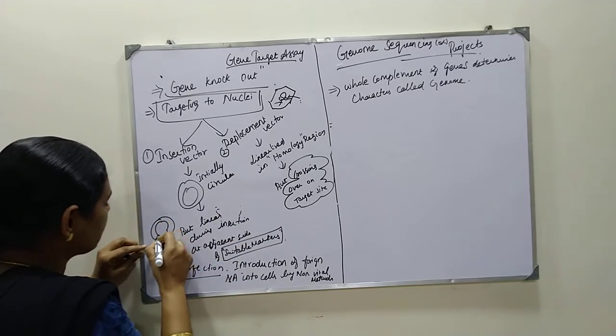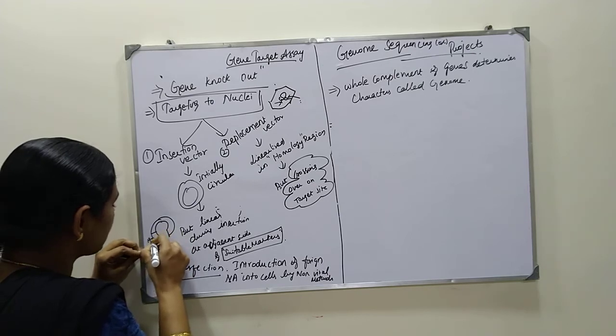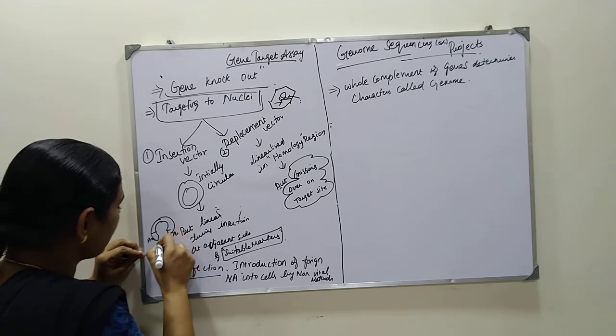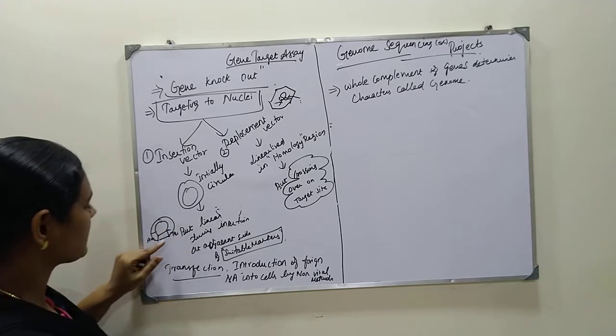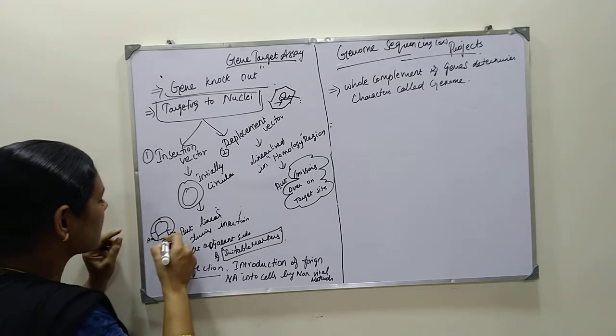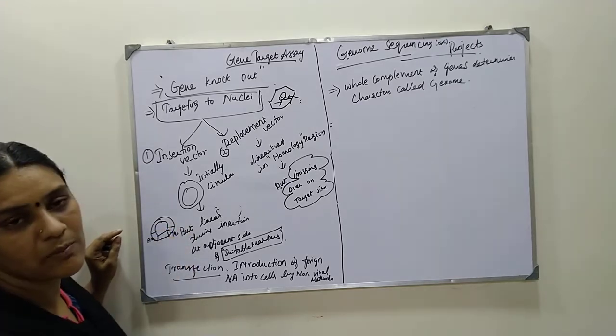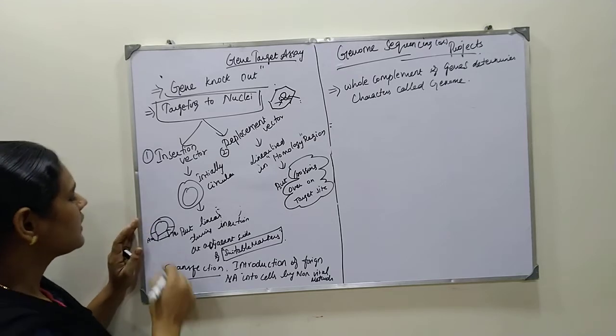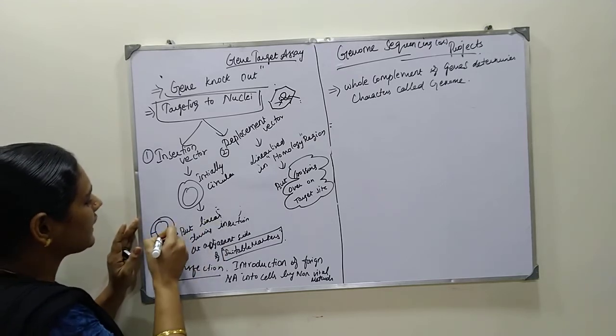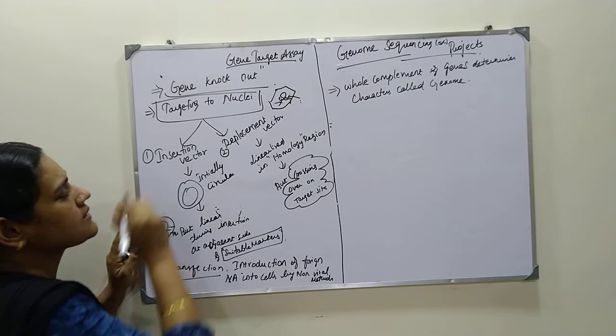This has selectable markers like ampicillin resistance and tetracycline resistance. This is called ampicillin and tetracycline selectable marker. On these selectable marker places, and the place adjacent to the selectable marker, the vector gets linearized and inserted by this insertion vector.